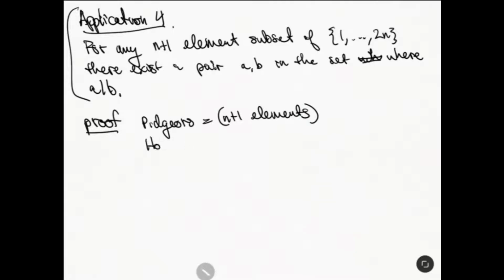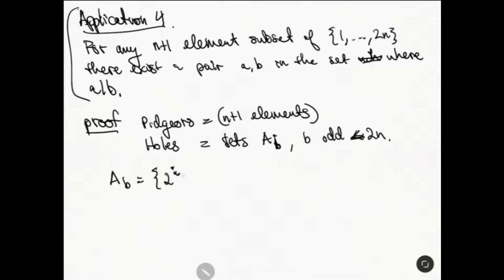And the holes are certain sets A, B. Okay, so for B an odd number, less than 2n, let's say what A_B is. A_B is the set of numbers 2 to the i times B, where i is an integer, and 2 to the i times B is less than or equal to 2n.